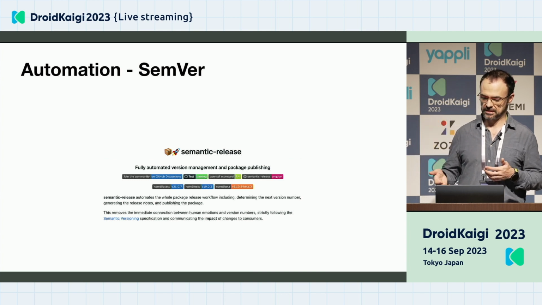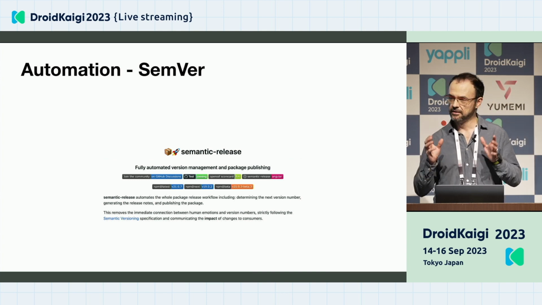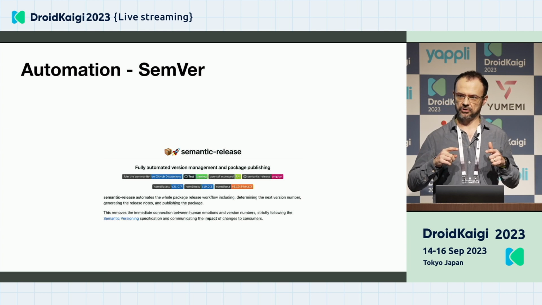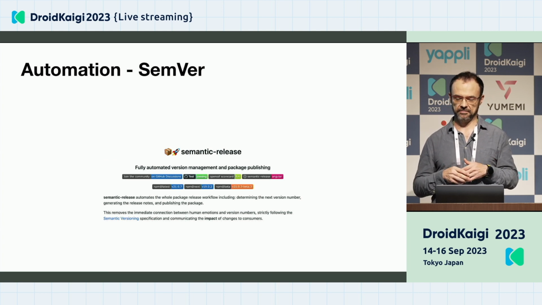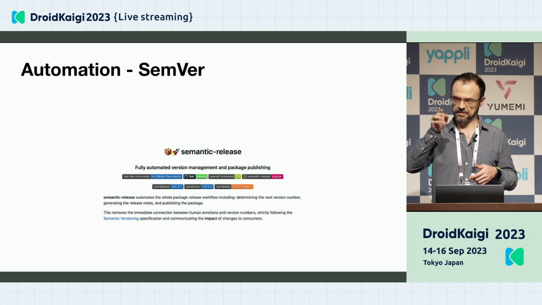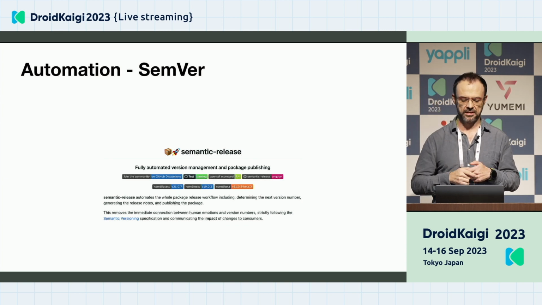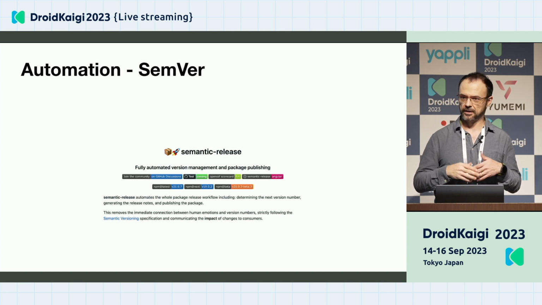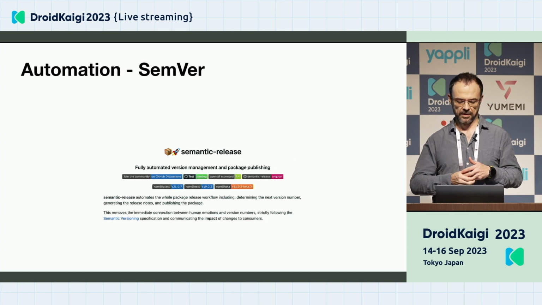You can also set up Semantic Release so that if there is a feat with an exclamation mark on the commit message, it's going to mark it as a breaking change, these sort of things. And this helps a lot to manage all the releases automatically.